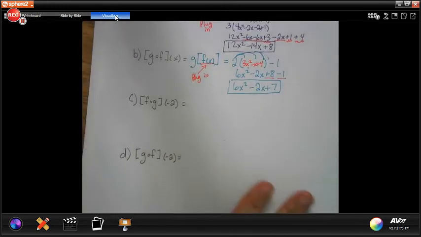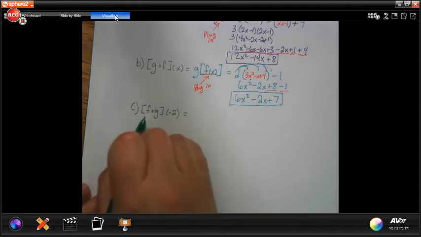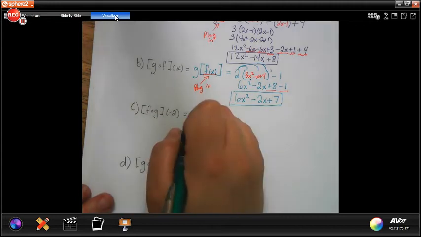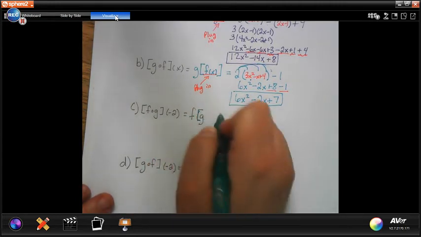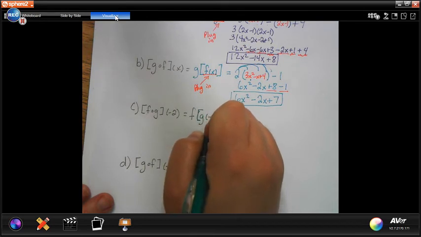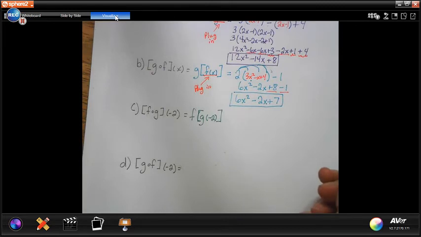Okay, now, here, when we do this, f is first. g of -2 is our plug-in. There's a couple different ways to do this.